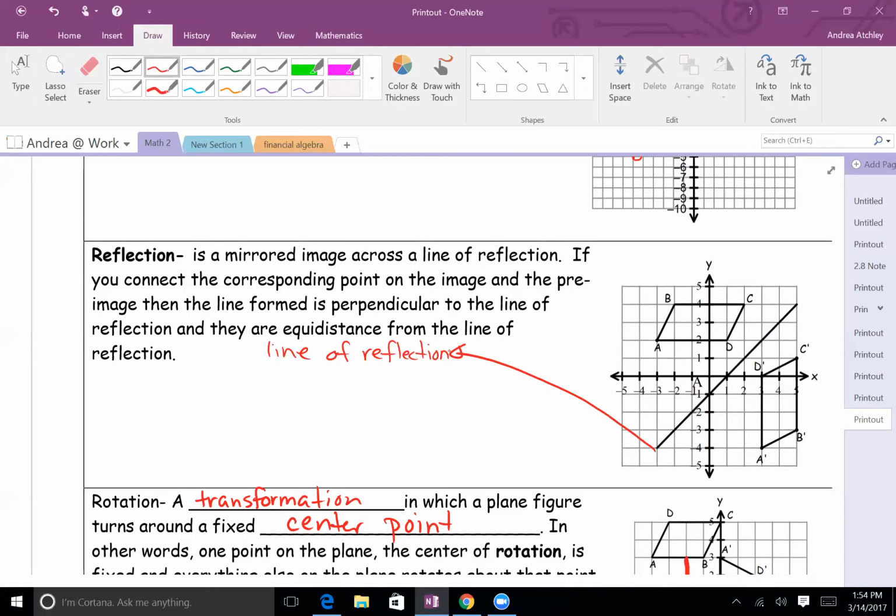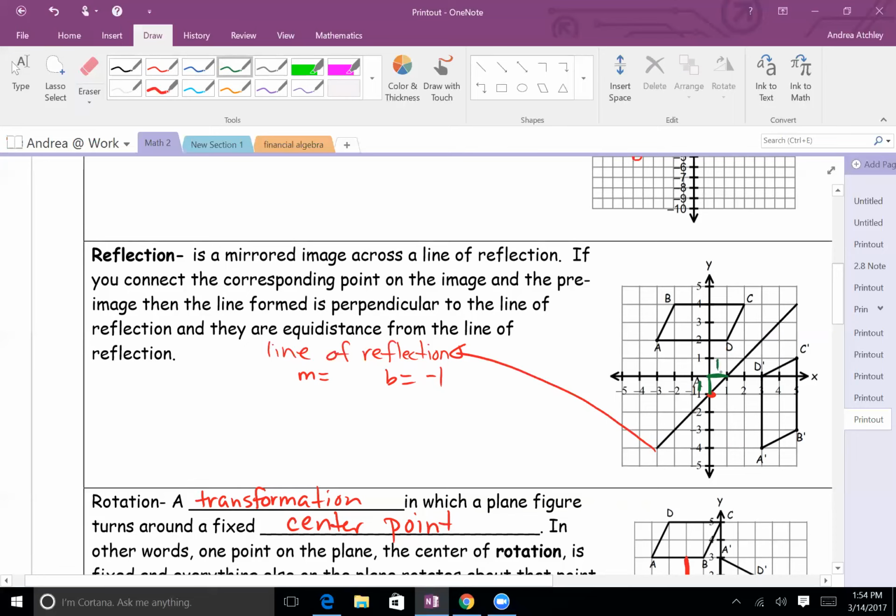Okay. We can write the equation of the line of reflection. We just need the slope and the y-intercept. So it crosses the y-axis here at -1. And we can find the slope just by rising 1 and running 1.